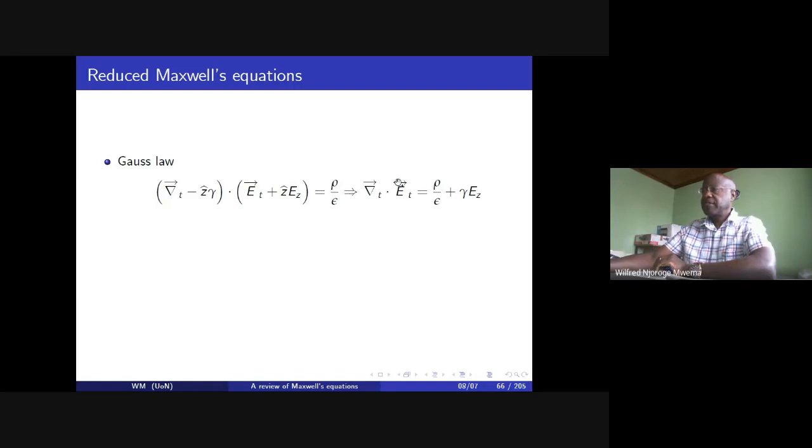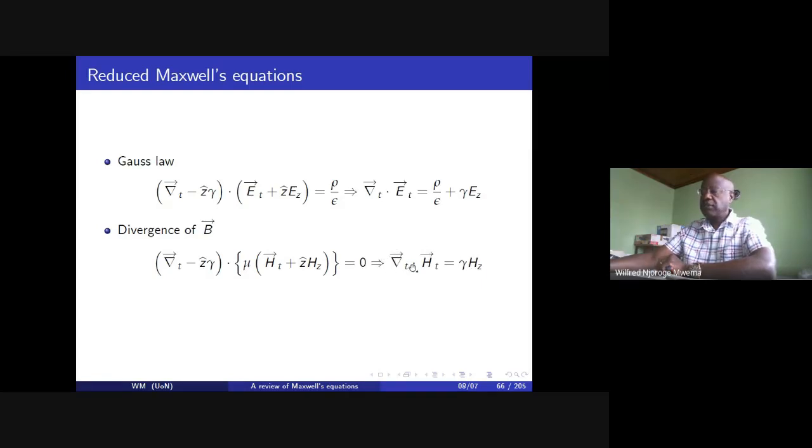That is, the divergence of E of T in the transverse plane is equal to the volume free charge density over the electric permittivity plus gamma multiplied by E of Z. The divergence of B, we said, was identically equal to 0, and therefore in the transverse plane, the divergence of the transverse component of H is just equal to gamma of Hz.